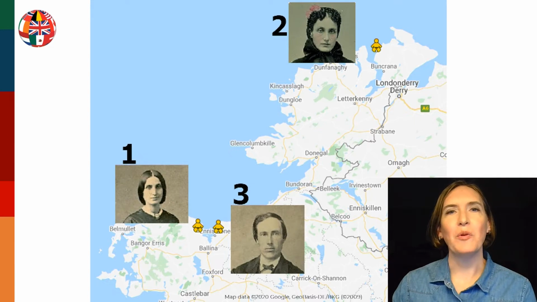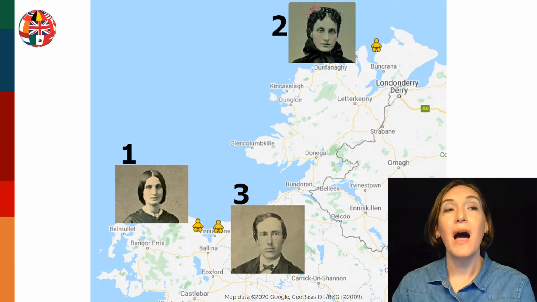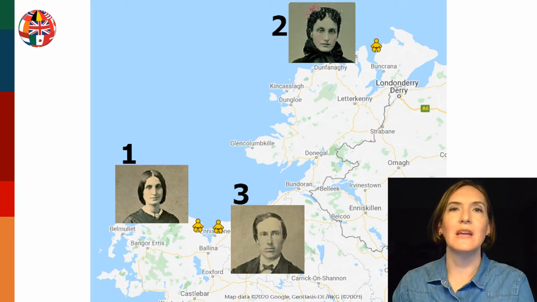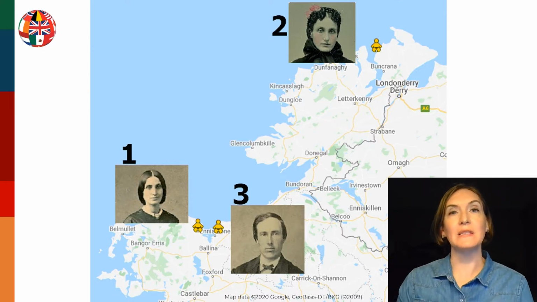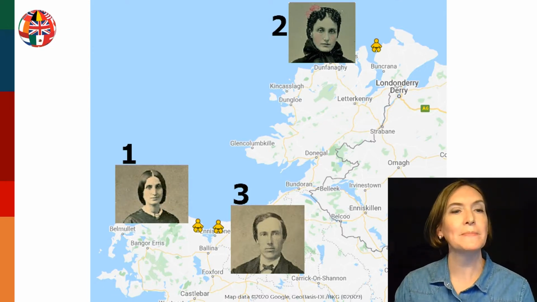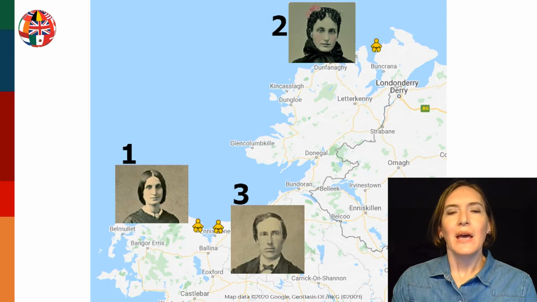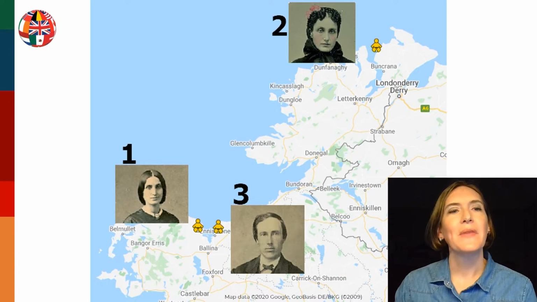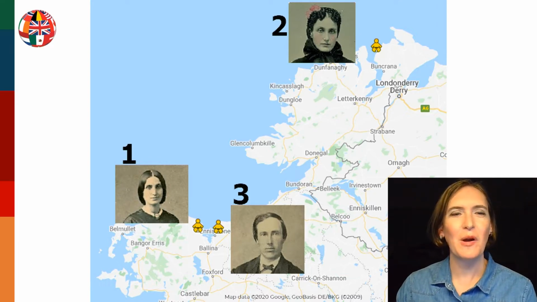I have an example where I thought we had conflicting evidence in our family tree. This is actually on my husband's Irish side, the Finley family. And this is sort of the northwest coast of Ireland. And we had several children in a family born in what seemed to be different parts of Ireland.